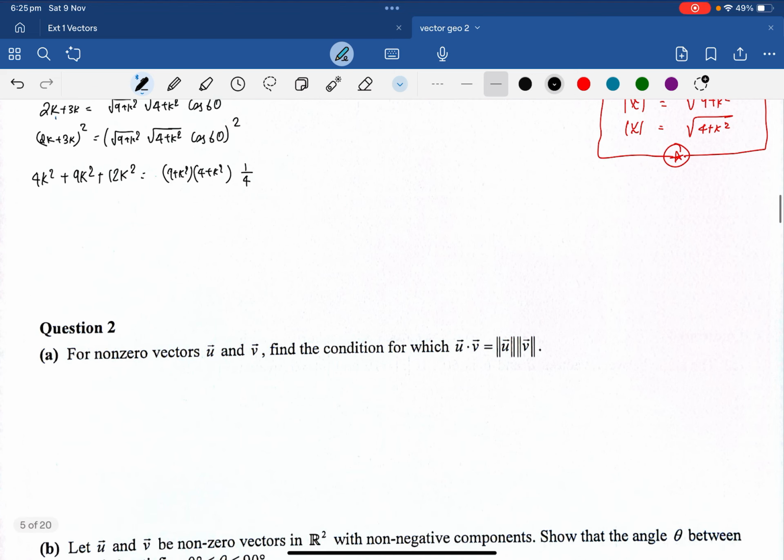And let's take the 4 over to the other side. This is really inefficient. We can just combine this and multiply by 4 once. Let's combine this now.